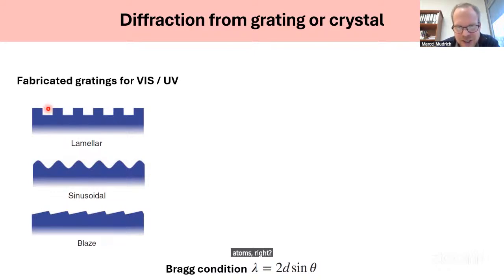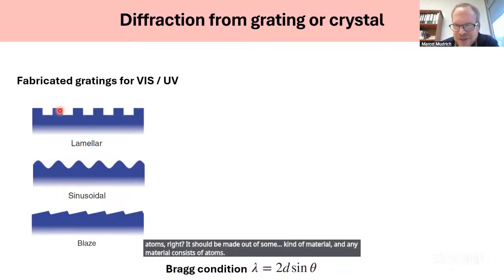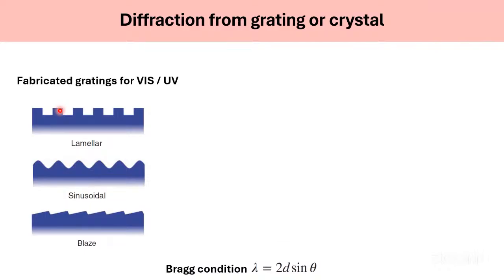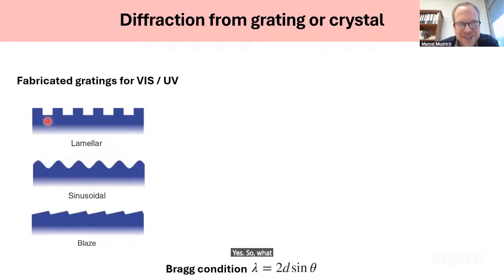It should be made out of some kind of material, and any material consists of atoms. Now tell me, what is the size of an atom? Around an angstrom. Yes.